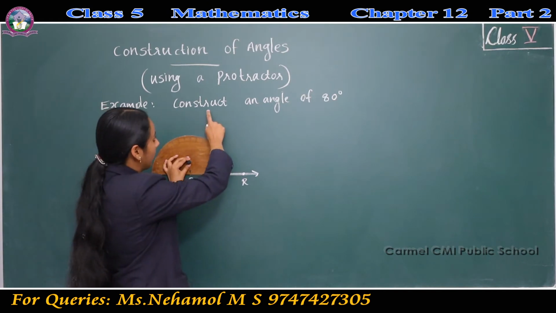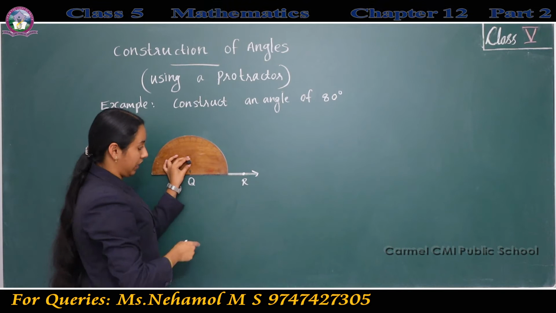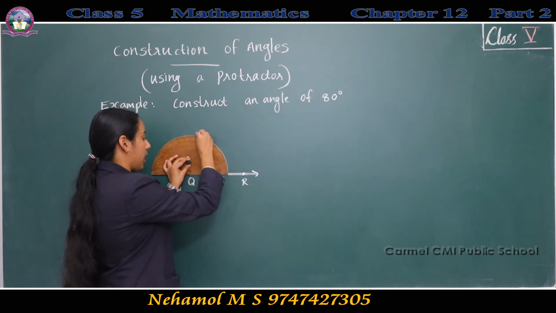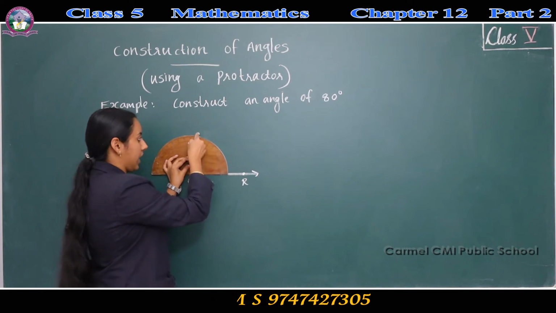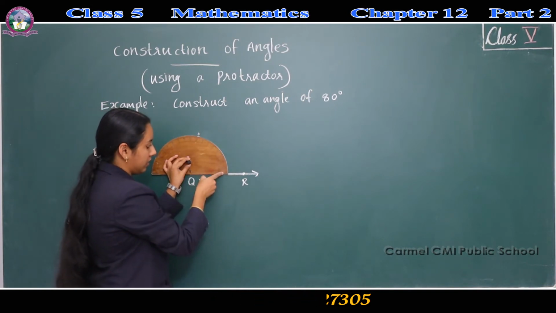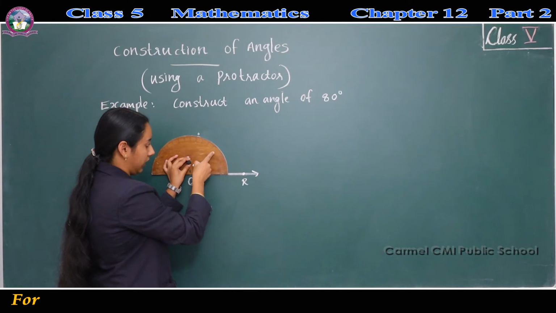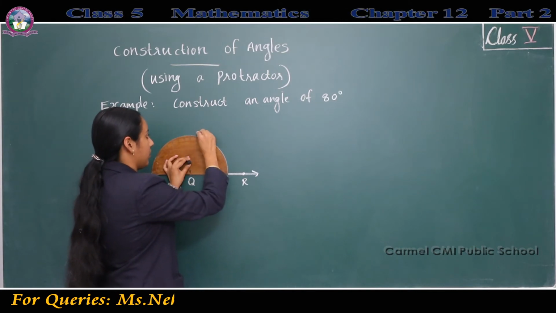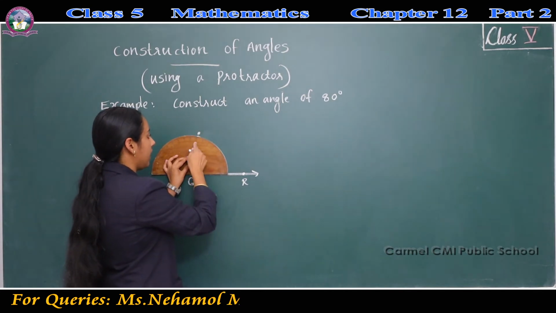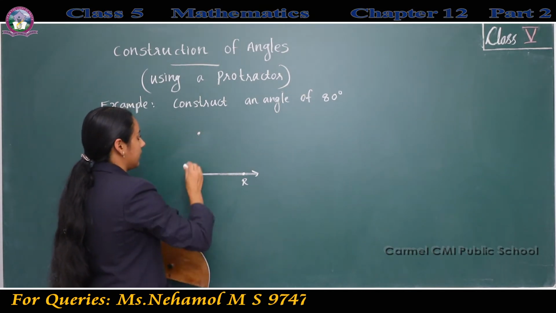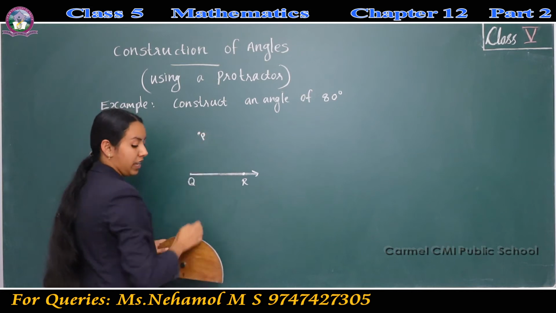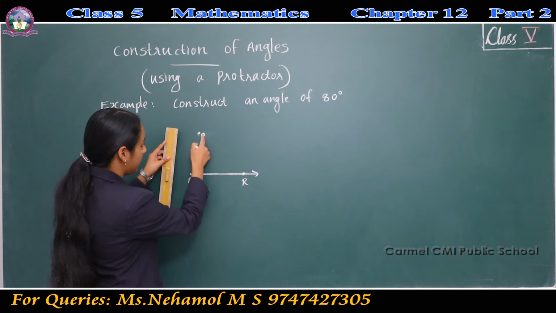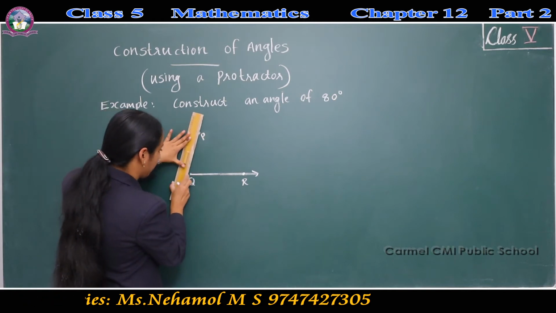We have to construct an angle of 80 degree, so mark a point P against 80 degree: 0, 10, 20, 30, 40, 50, 60, 70, 80. Then remove the protractor and join P and Q.